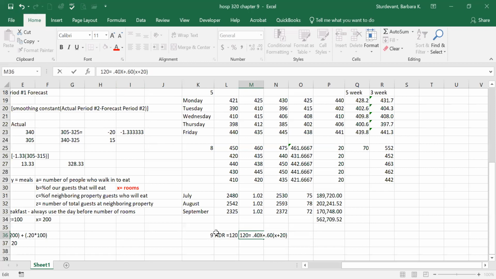Then it just becomes an algebra problem. You're going to distribute the 60.